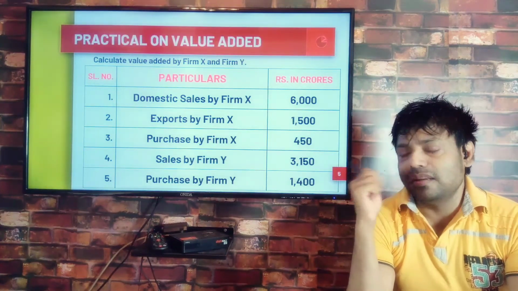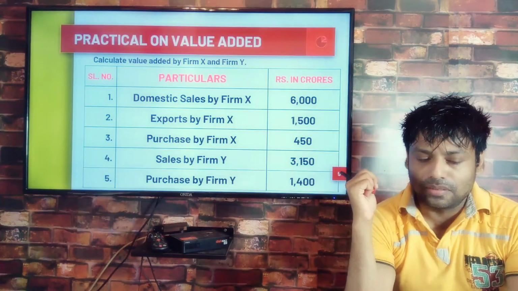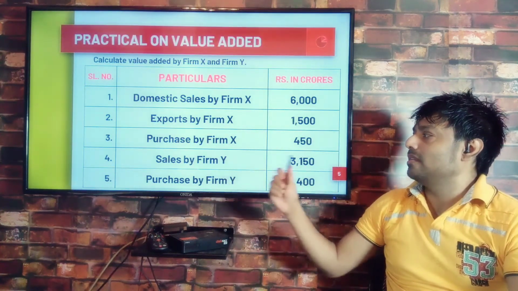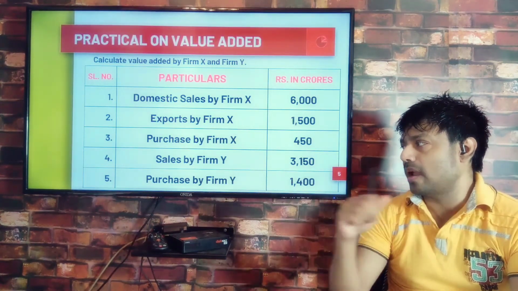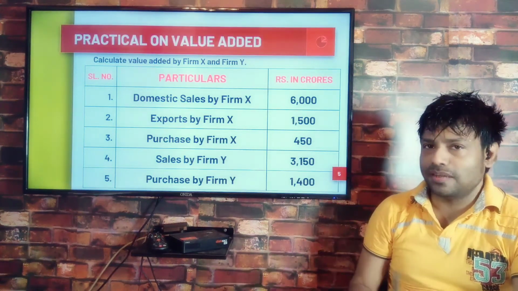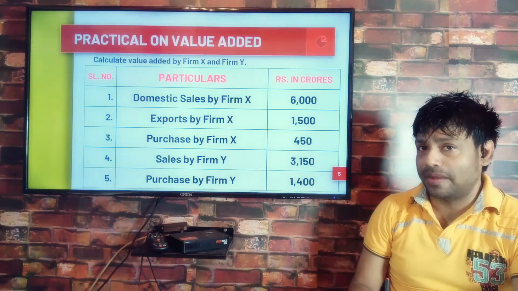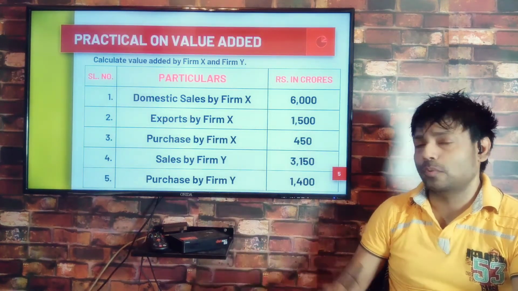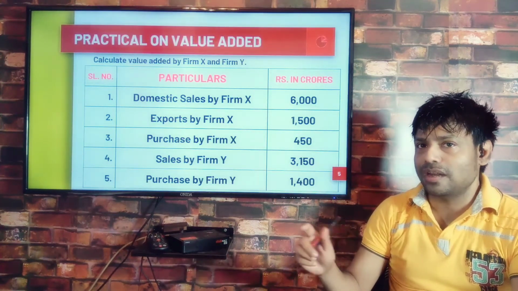As you can see, the sales by firm Y is 3150 and there is no export by Y. What does it mean? It means firm X is an MNC whereas firm Y is not an MNC. I mean multinational corporation.